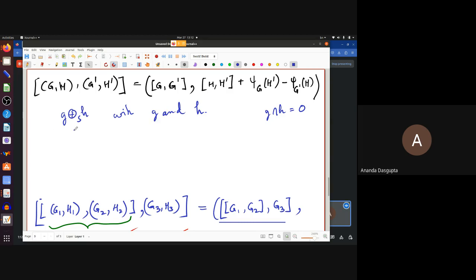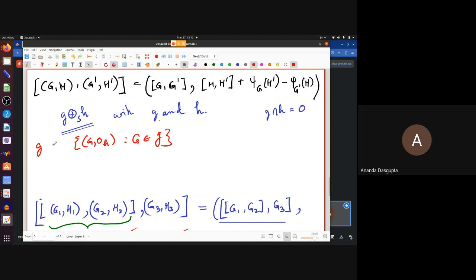Now, this was for the direct sum, right? What about the semi-direct sum? First of all, what will be the corresponding g and h? That is, the corresponding subalgebras of the semi-direct sum, which will be isomorphic to small g and small h. That is sort of obvious. That's simply going to be, again, the same thing: (g, 0), where g runs over small g.